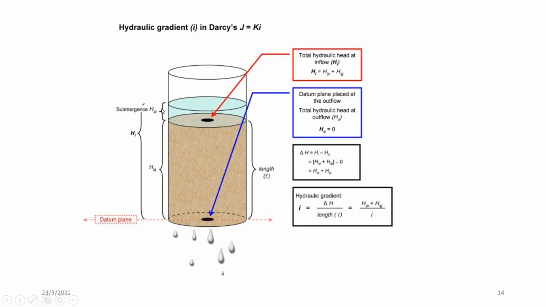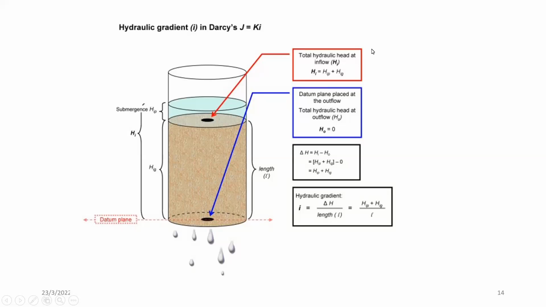Here is the pressure gradient that comes from the water, and this one is gravitational pressure, and here is the length of the soil column. The submerged pressure comes from the pressure of the water and the pressure from gravity, and this is the datum plane.